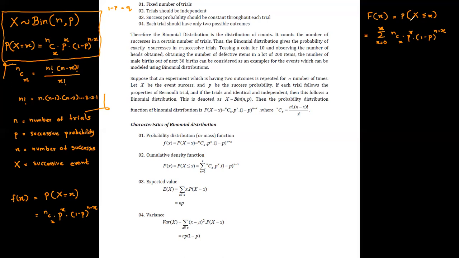This is how we denote the cumulative distribution function for a binomial distribution.